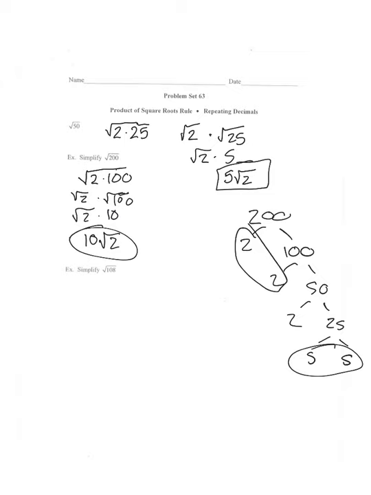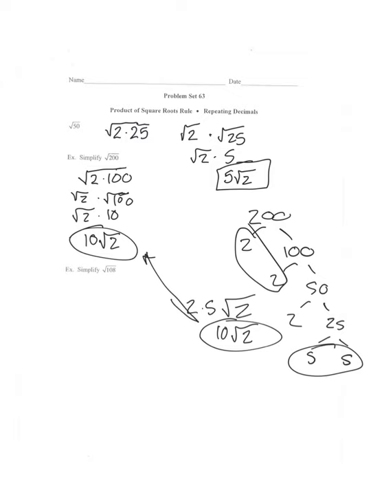If we have pairs of values there, that allows us to get integer square roots out of these two values, right? The square root of 2 times 2 would be 2, and the square root of 5 times 5 is 5. I can't do anything with that other 2, but what I can do is just leave it under the square root sign and then get 10 times the square root of 2. So that's just another way to do these types of problems. You can see that these two answers are the same, just two different ways to approach it.